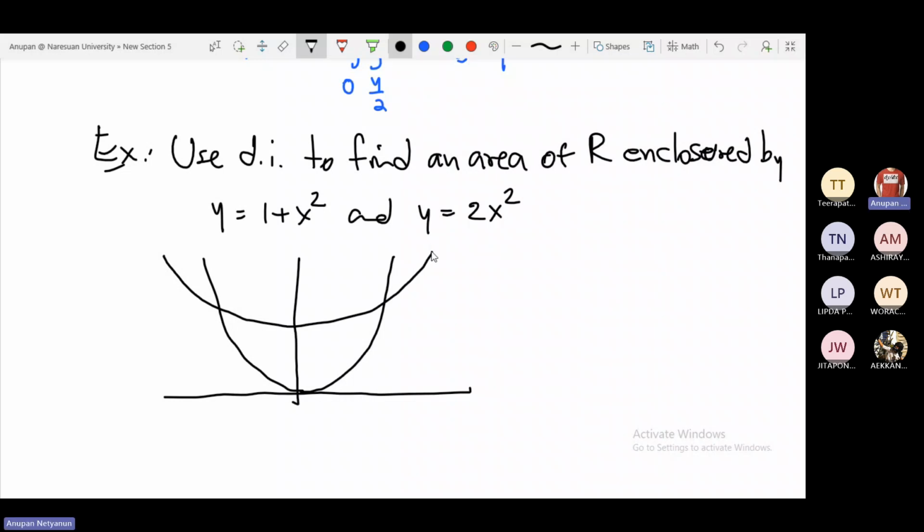The narrower one is y equal to 2x squared, and the wider one here is y equal to 1 plus x squared. The intersection points are (-1, 2) and (1, 2).